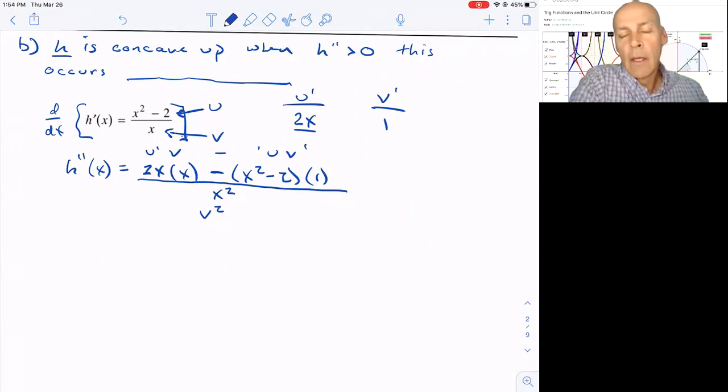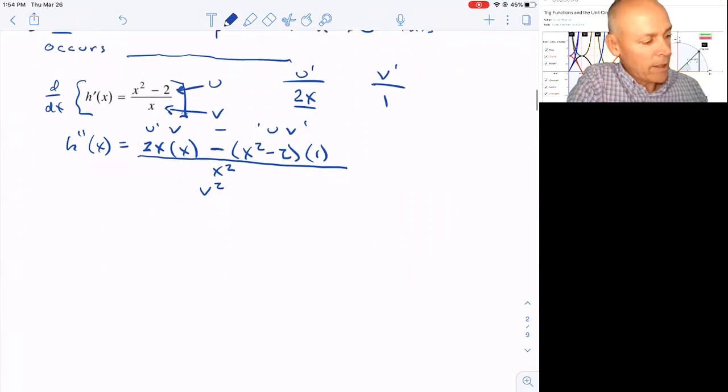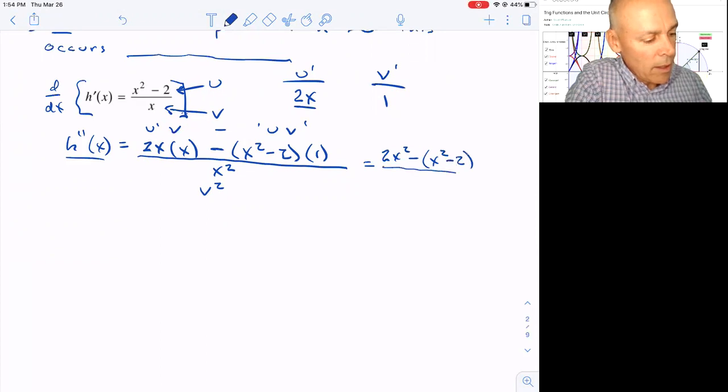Okay. Now, I'm going to have to look at that, and I want to determine where h double prime of x is positive. So I do need to clean this up a little bit. If I simplify, I'm going to have 2x squared minus the quantity x squared minus 2 all over x squared, which I can further simplify.